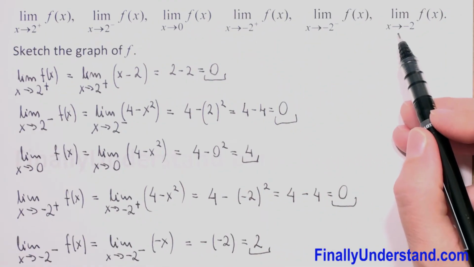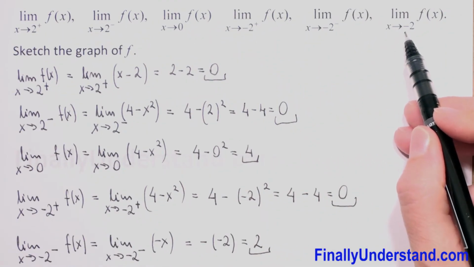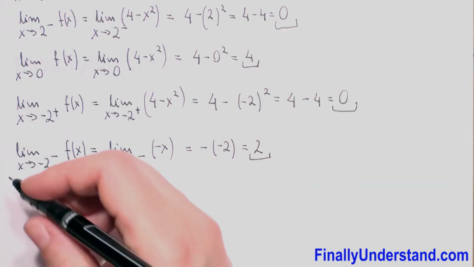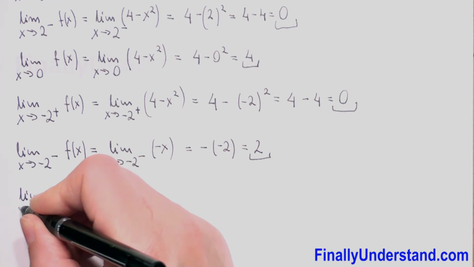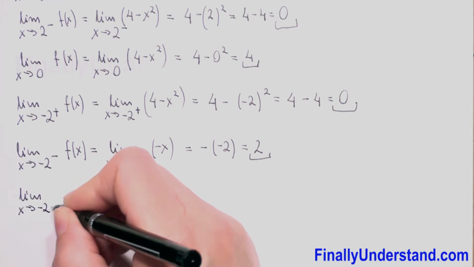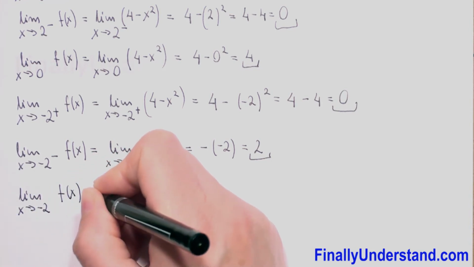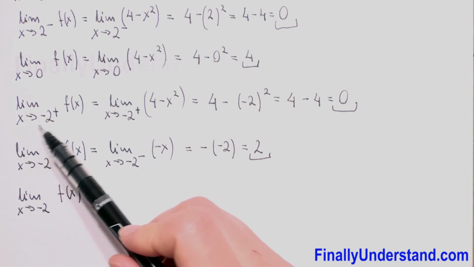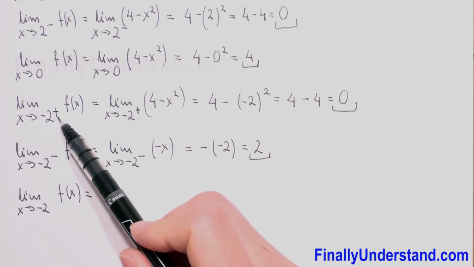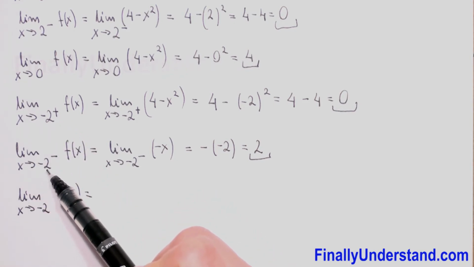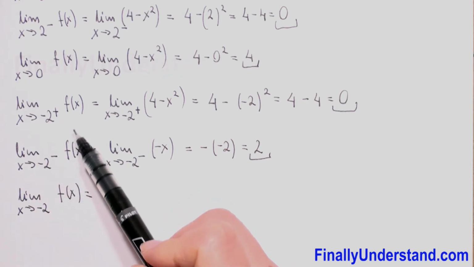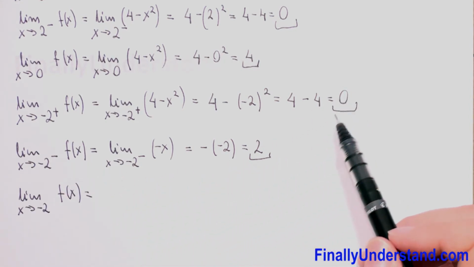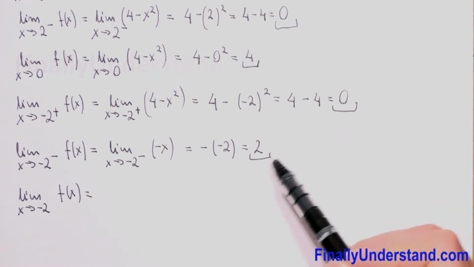Now we have to calculate the limit as x approaches negative 2 of f(x). Let me write this. We calculated before the limit as x approaches negative 2 from the right and from the left of f(x), and we see these limits are different. We have 0 and 2.